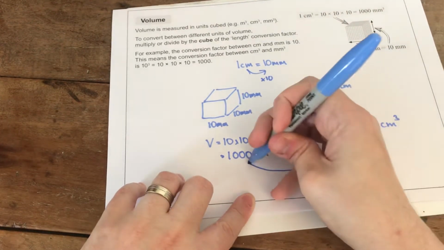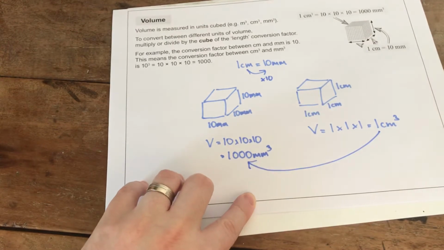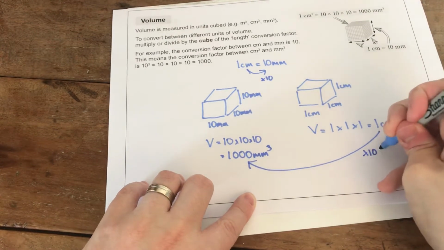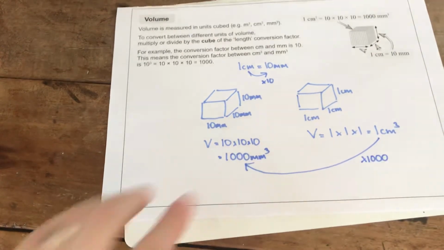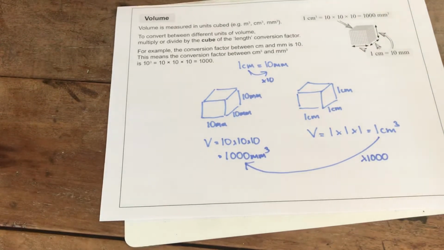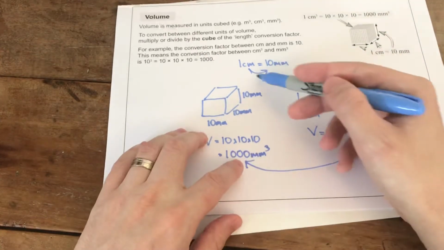Now, when we look at the conversion, to go from centimetres to millimetres, you times by 10. But when we have a look at this here, it's been times by 1000. Now, this follows a very similar pattern as what happened in our last Knowledge Organiser when we were converting area. What happens is that we look at what's happened to our units for this conversion.